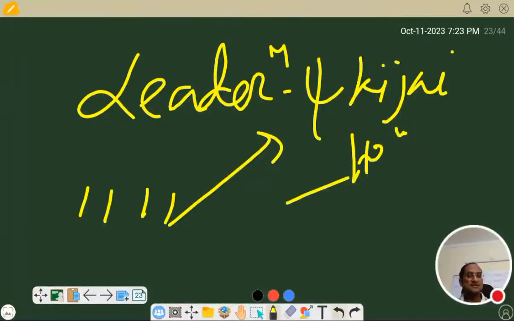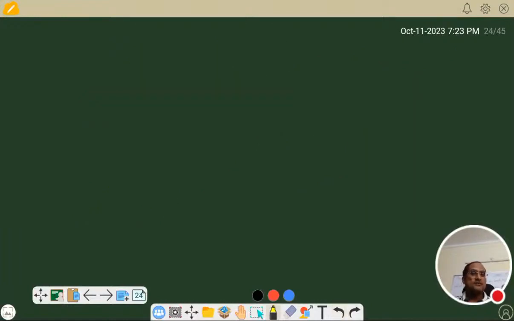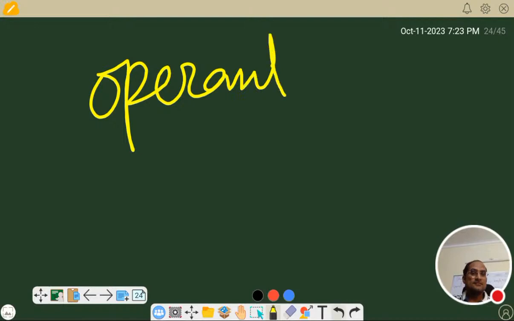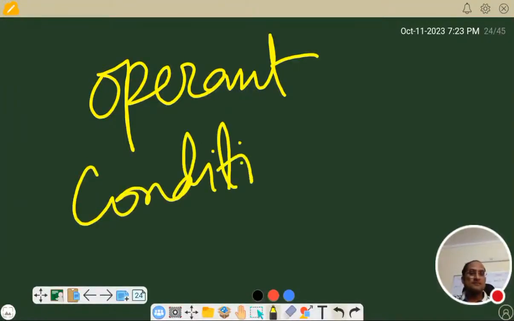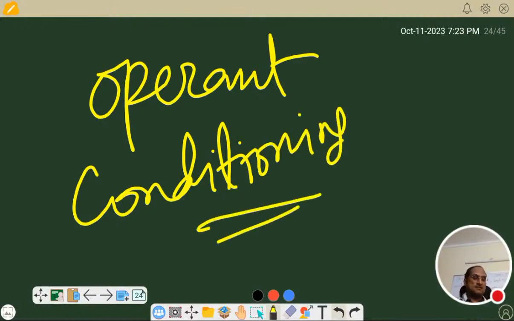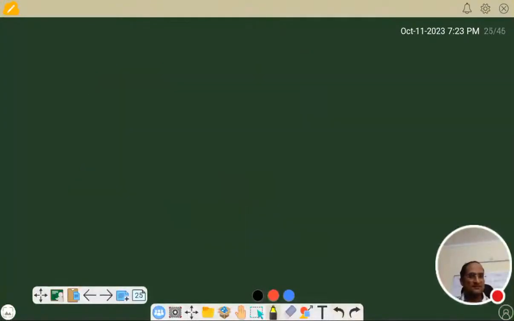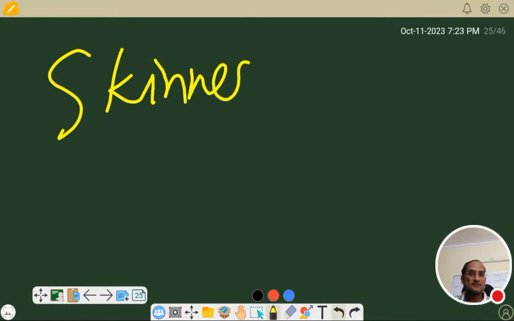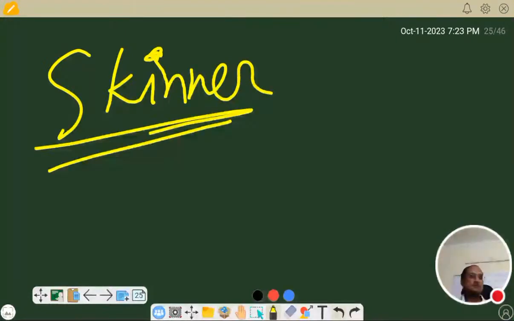In place of this, there is another approach which is called operant conditioning, where there is a classic experiment given by Skinner. What does Skinner say? A rat entered a maze.